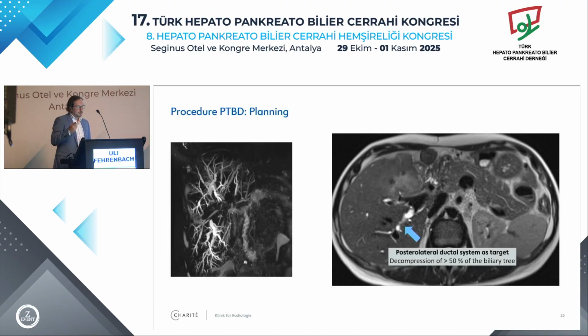If you look at this MRCP, you can see that there are a lot of stenosis, and should you treat that with drainage, you always have to look for connected system like this in the posterolateral pedicle, and it should always be your goal to decompress about 50% of the biliary tree to have a clinical effect.